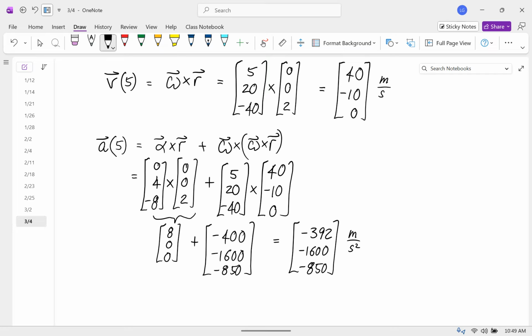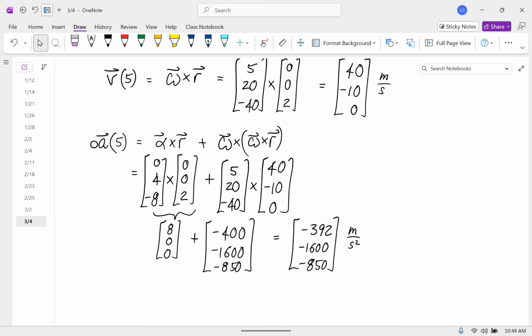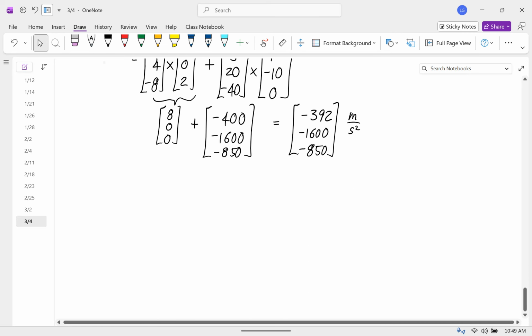And so what's the net force acting on this? Like, we don't know anything about what forces are acting on it. We don't know if it's cables or a motor or whatever. But we do know that if it has this acceleration, we can multiply by the mass and figure out the net force, if you add up all the forces that we don't know. It's 5 kilograms.